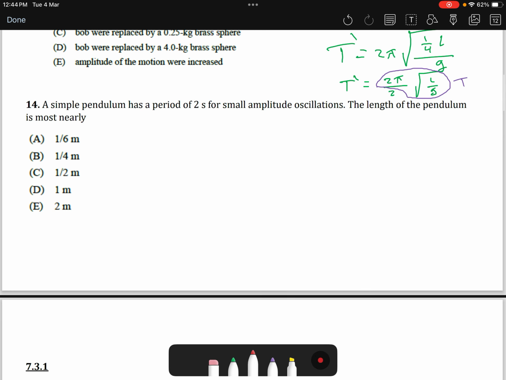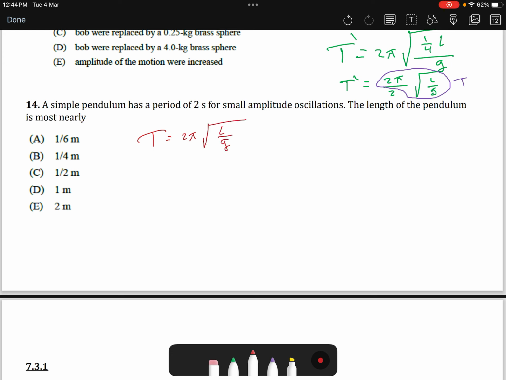Next question. A simple pendulum has a period of 2 seconds for small amplitude oscillations. The length of the pendulum is most nearly... okay, if the period is 2 seconds, we'll use the same formula, T equals 2π radical L over g.